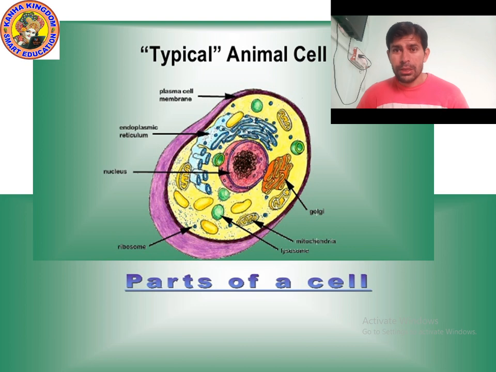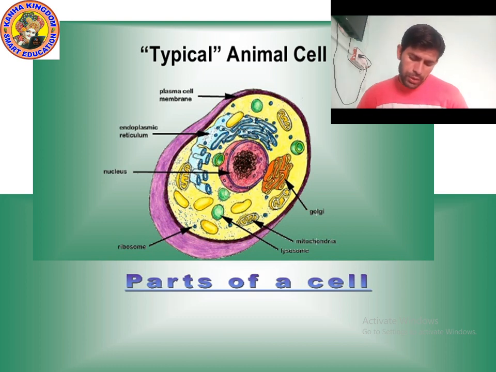Point number 3 is that new cells arise from pre-existing cells. The new cell develops from the old cell, which already exists. New cells always arise from pre-existing cells, and all organisms are made up of one or more cells.